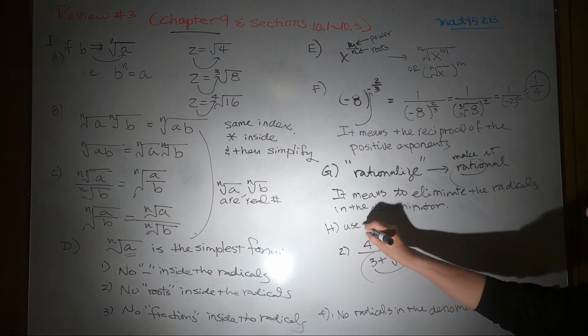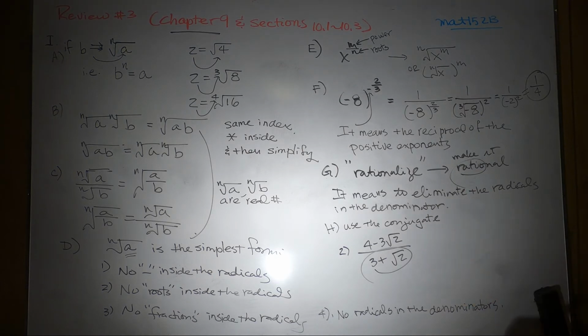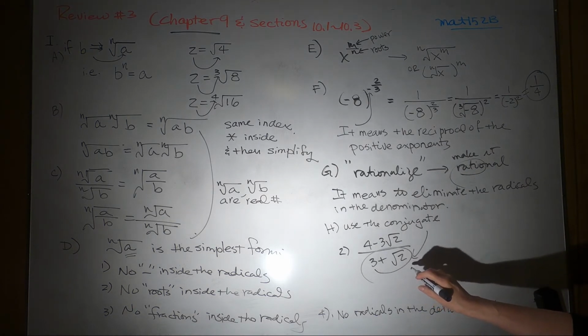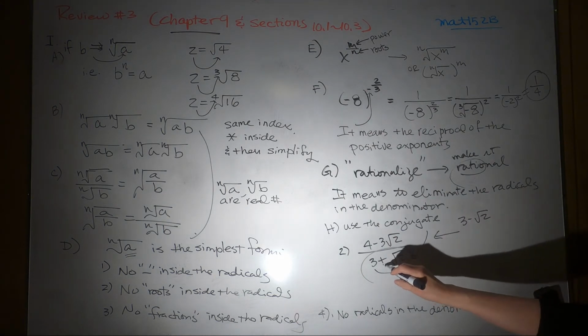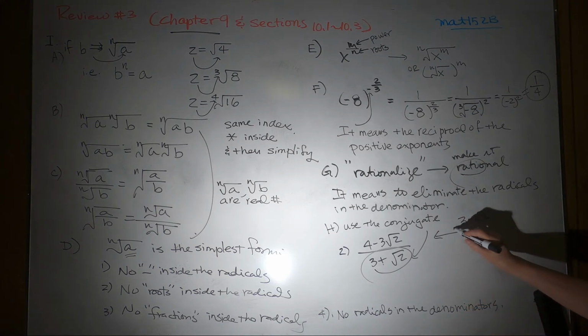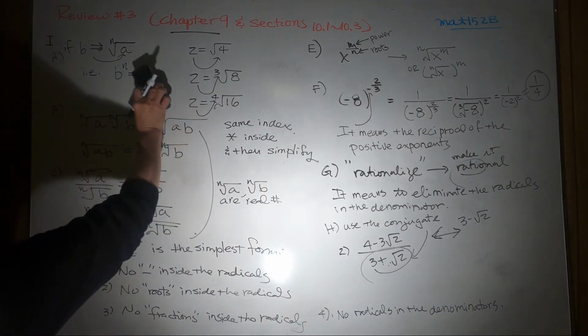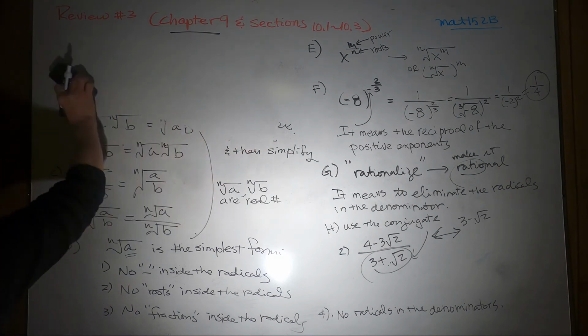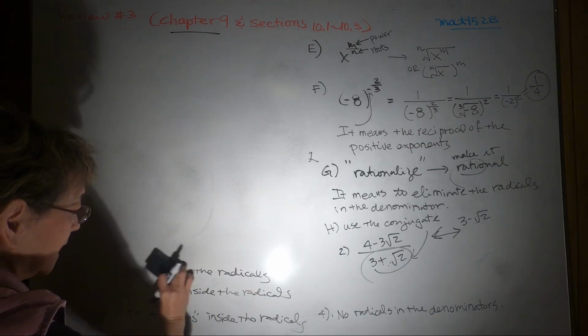We use the conjugate for the denominator. So like this one, what is its conjugate? The different sign. Positive will become negative, right? And negative will become positive. That's how we do it. When you have more than one thing in a denominator, you will use its conjugate to rationalize.